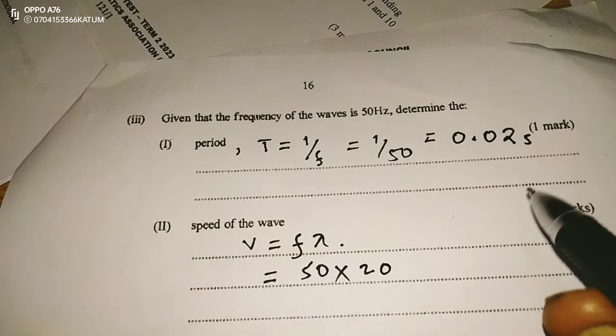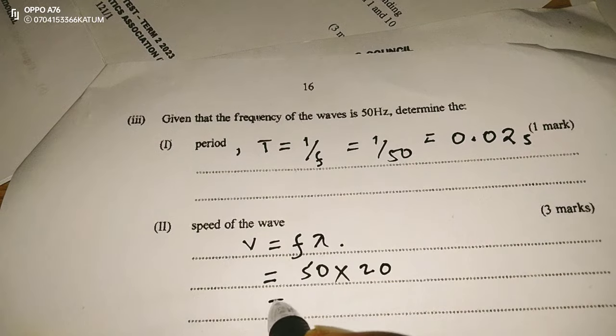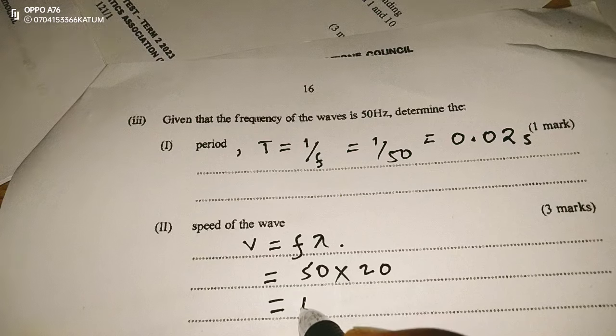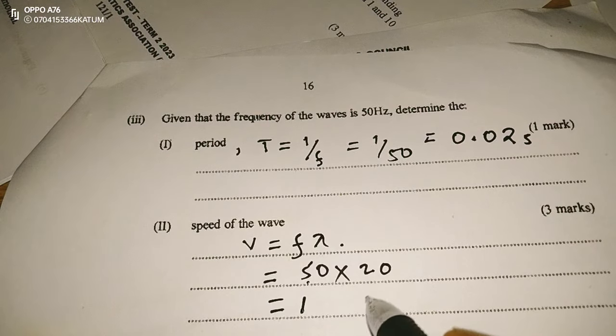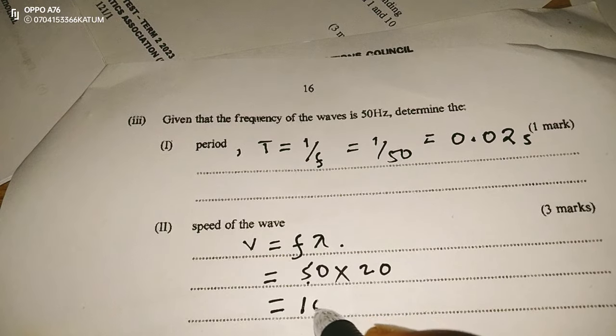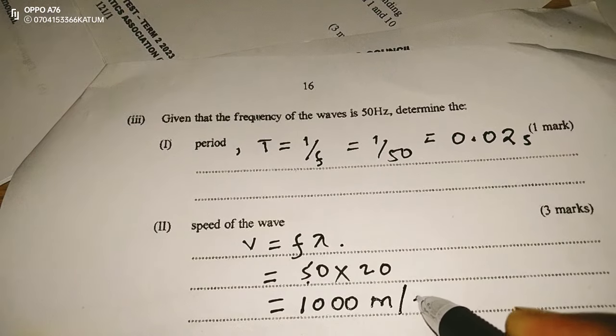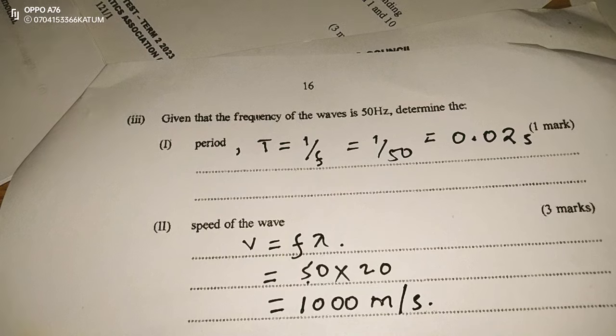So this is going to give us 5 by 2, which is 10, then 2 zeros, 1,000 meters per second.